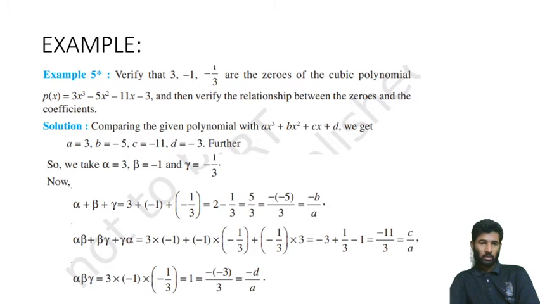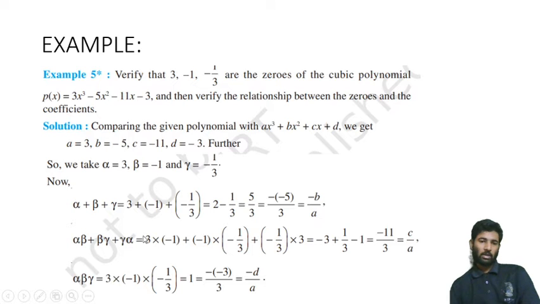As you can see, alpha is equal to 3, beta is equal to minus 1 and gamma is equal to minus 1 by 3. When we add these three values, we get 5 by 3. Again, minus b by a is minus into minus 5 by 3, that is also the same, 5 by 3.